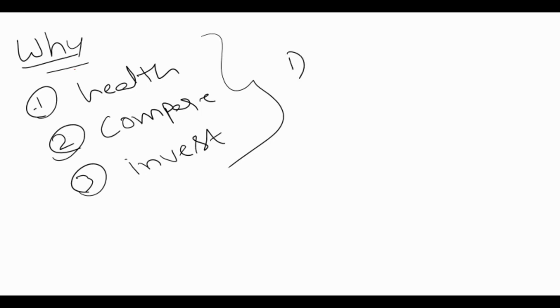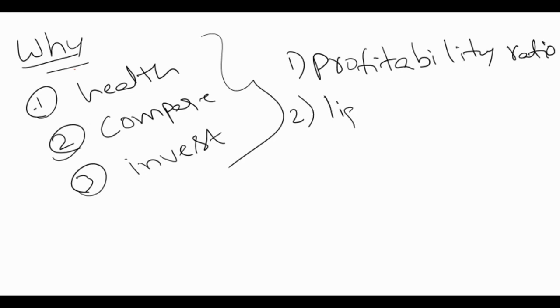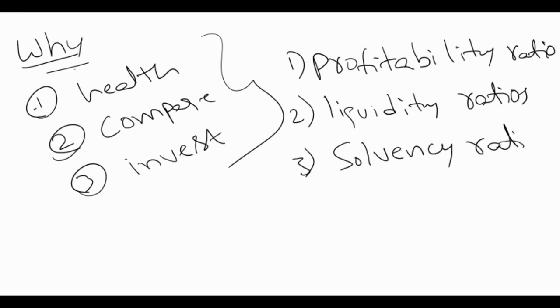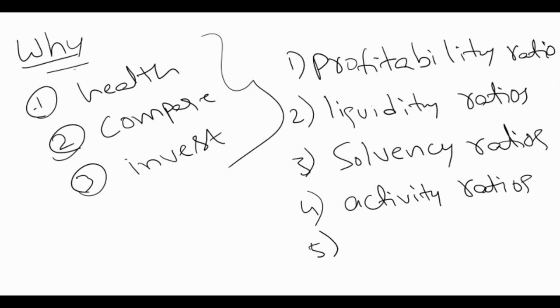One is profitability ratios, second is liquidity ratios, third is solvency ratios, fourth is activity ratios, and the fifth one is valuation ratios.